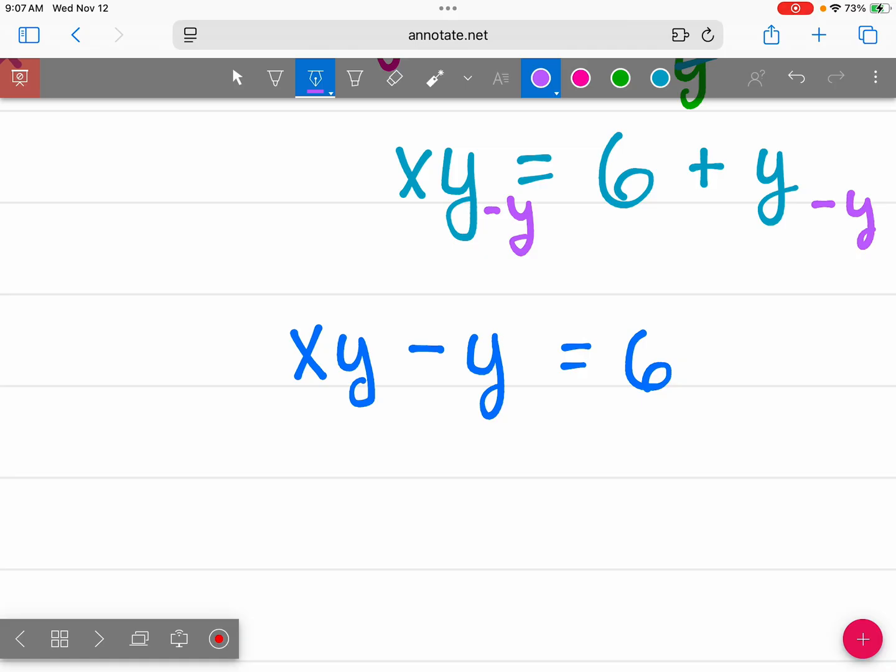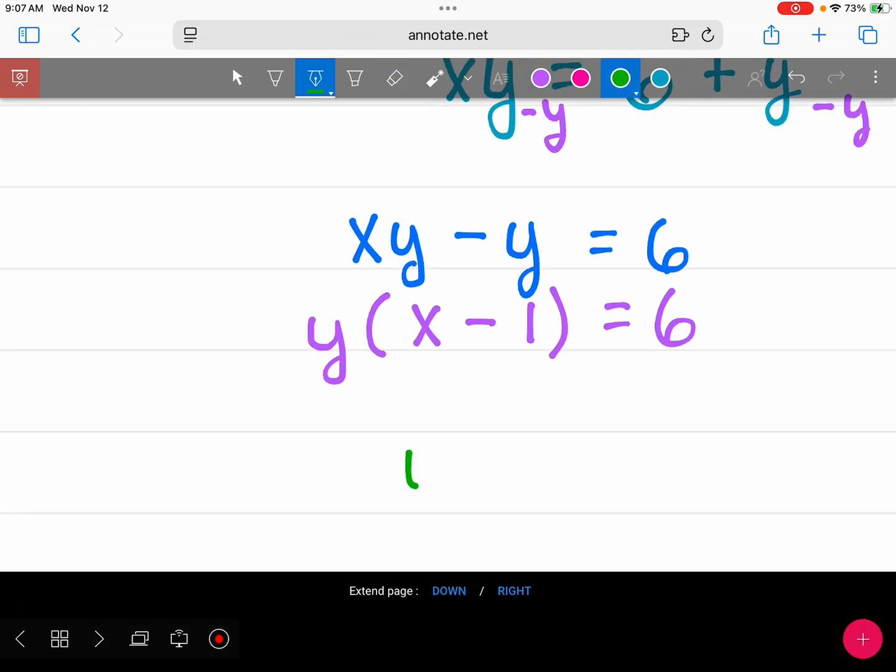Think of this as, do we have a GCF here? Yeah, of y. Factor out a y. We want our y's on the same side of the equal sign, and then I can factor out a y, which is going to give me x minus 1. y times x minus 1 equals 6. Well, now if I want to get that y by itself, divide by x minus 1.